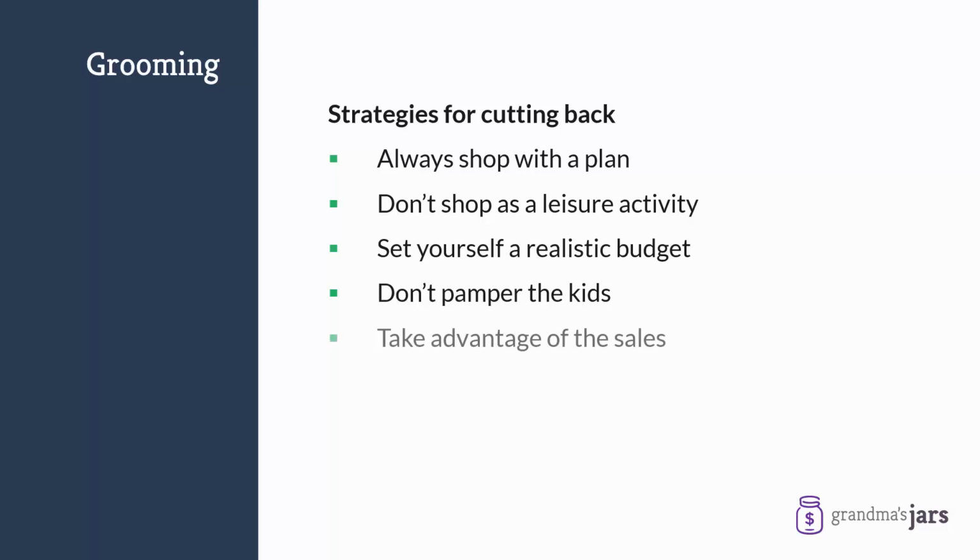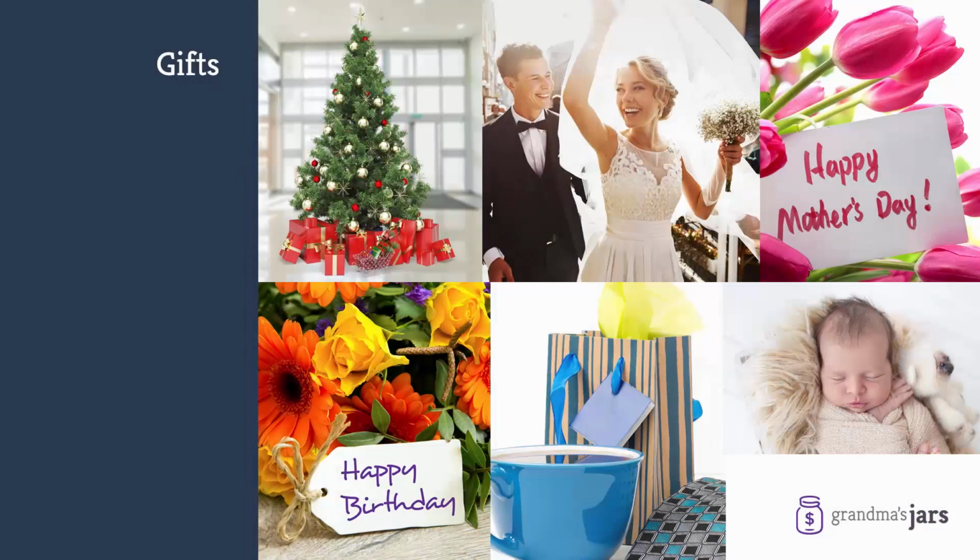And when the sales roll around, you can take full advantage of it and enjoy every minute of it. You should never need to pay full price for anything. If you manage your money well, if you manage your jars well, you should always be able to buy things on sale.